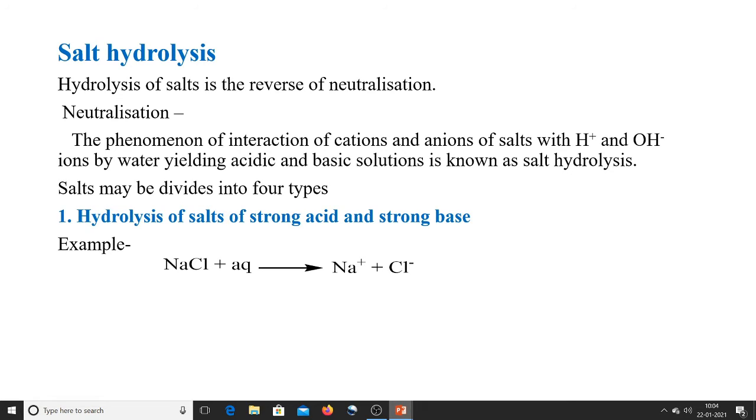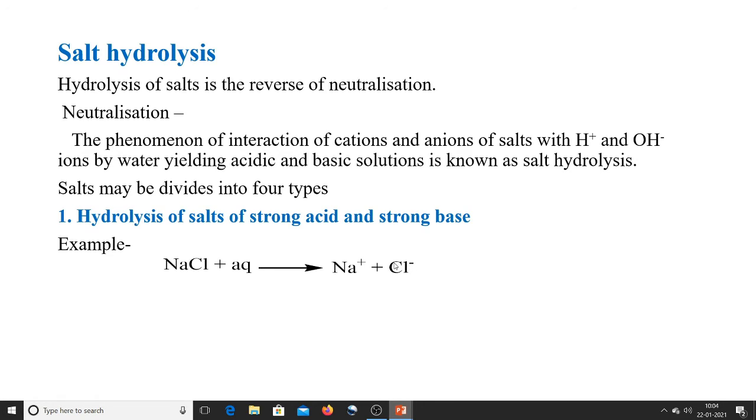Okay, so these ions have no tendency to react with H plus or OH minus ions of water, because the possible product of such reaction are NaOH and HCl.